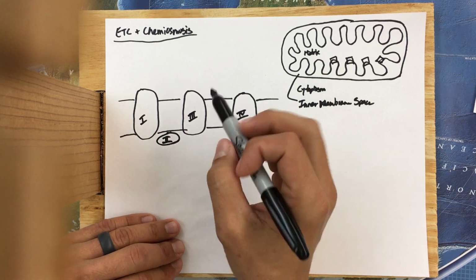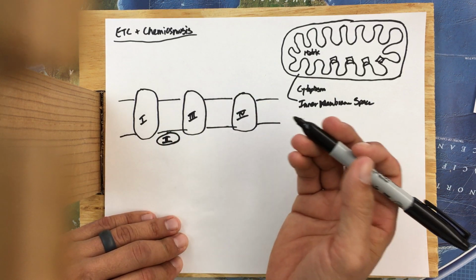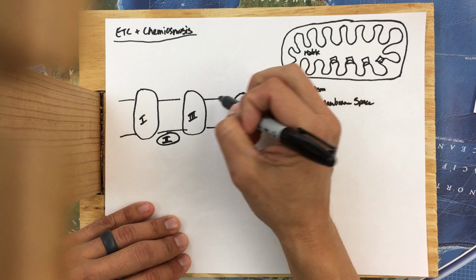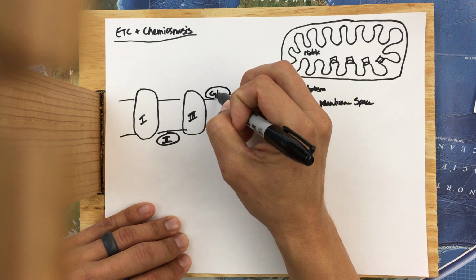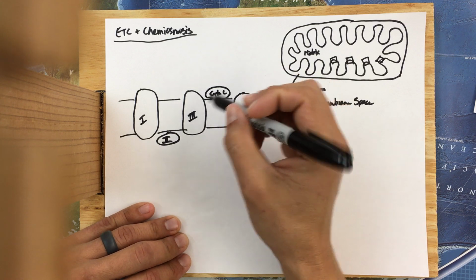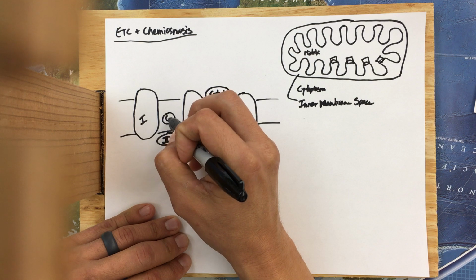And then we've also got carriers that will bridge this gap, but they aren't really called protein complexes, they're not as big. And so this one up here is called the cytochrome C complex. And this one down here is called plastiquinone. I'll just put a Q for plastiquinone.